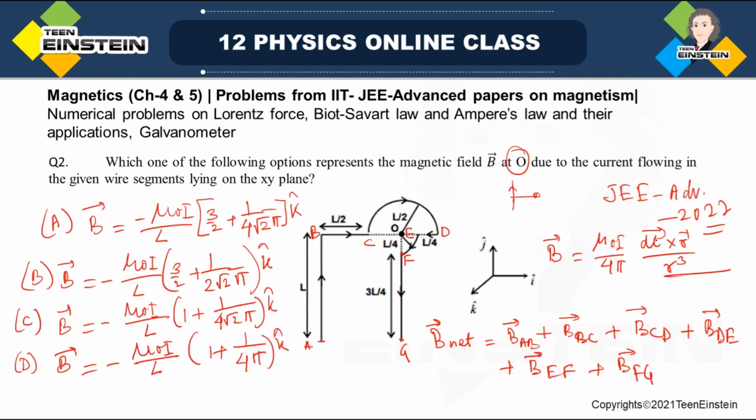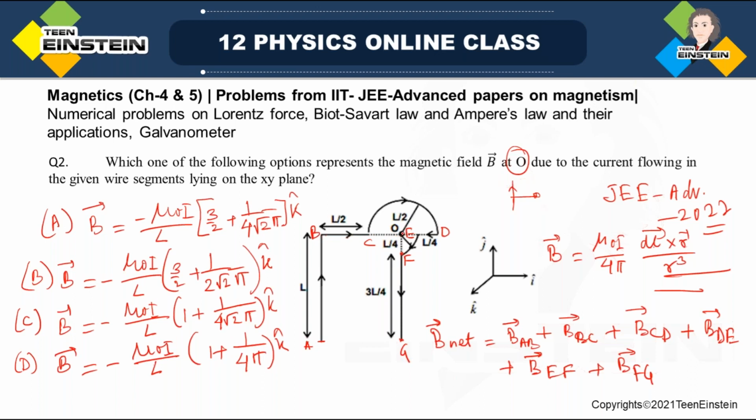Now look, whenever dl and r are in the same line, then the angle between them will be either 0 or 180 degrees. In those cases, the magnetic field will be 0. If dl and r are parallel, look for this thing. See, this is BC. This is the segment.